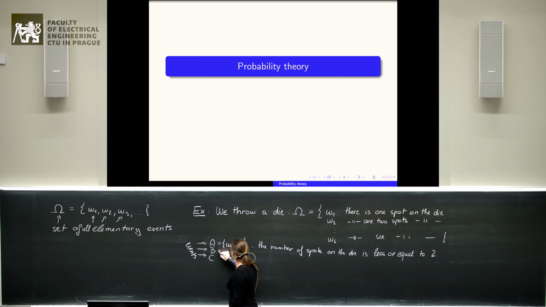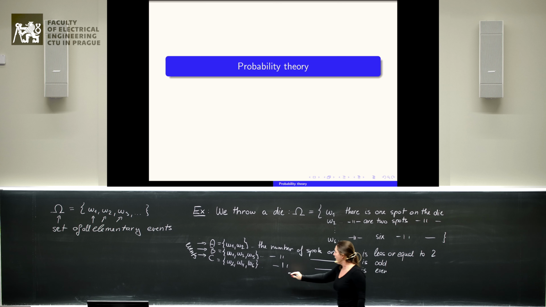Or we can consider B, omega 1, omega 3, omega 5, which in practice means that the number of spots on the die is odd. Consider set C of omega 2, omega 4, and omega 6, which is then the event that the number of spots is even, and so on.